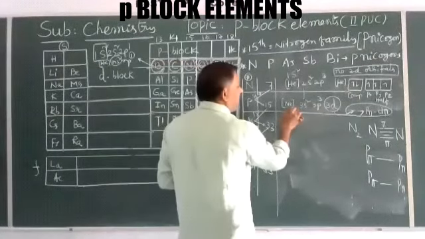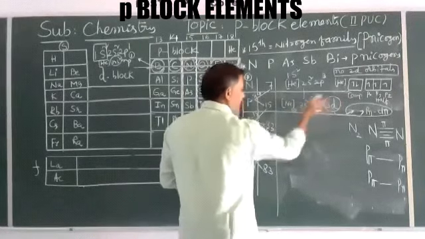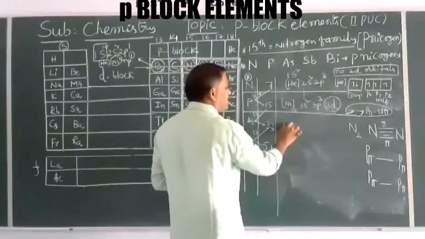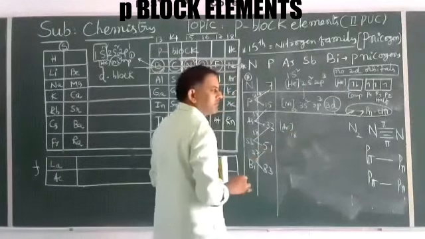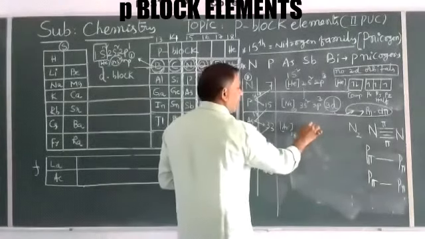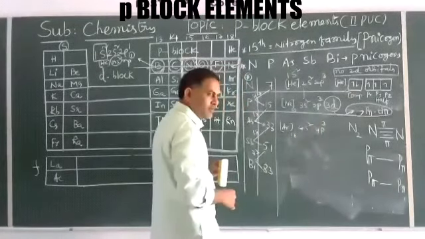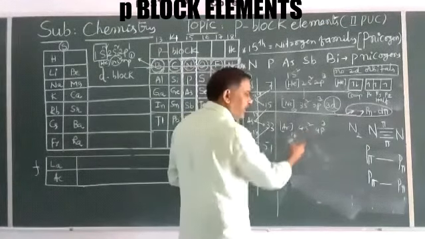Now similarly, here 10 plus 2 is 12, plus 3 is 15. Similarly for 33, the core is helium, neon, and argon, which is 18. If you write 4s2 and 4p3, you won't get the correct electronic configuration: 18 plus 2 is 20, 20 plus 3 is 23.